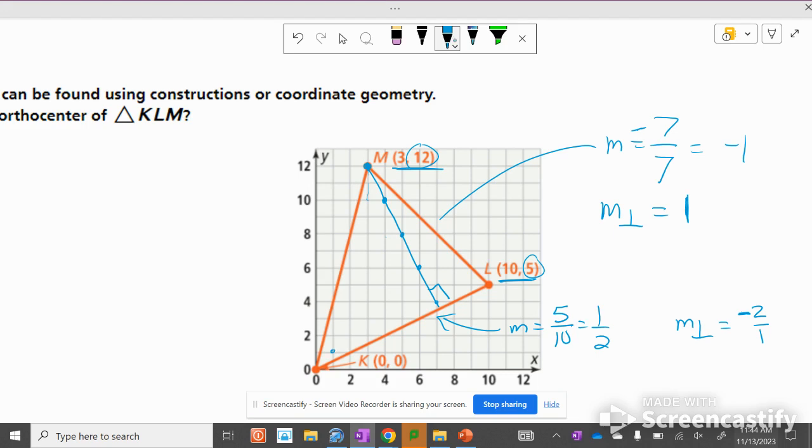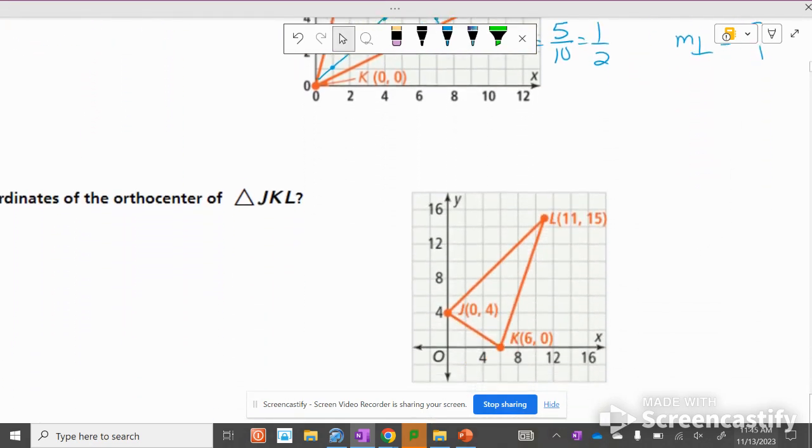So I'm going to go over 1, up 1, over 1, up 1. I'm going to draw my altitude. And where do they meet? Well, they meet right there at 6, 6. Okay? So you just find the slope of the opposite side, do the perpendicular to that slope, and then draw from the opposite corner. And then you can find where the orthocenter is.